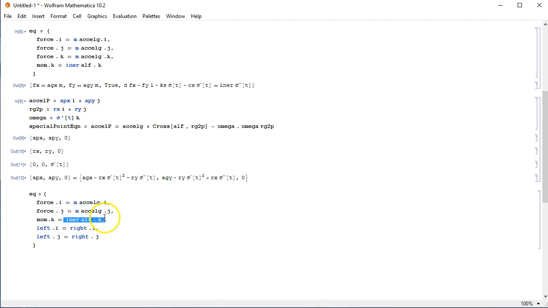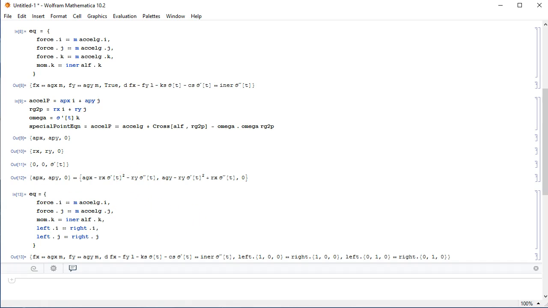And notice I'm taking out the force in the K. That was dumb. I never should have done it in the first place. I just wanted to show you what would happen if you used it. It's true, right? But no big deal. And then this guy right here is my special point equation.